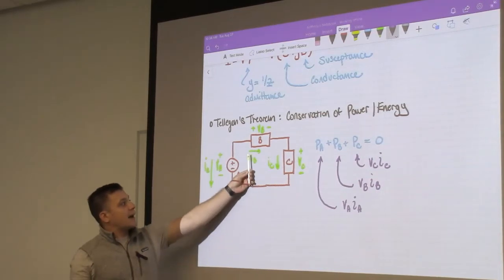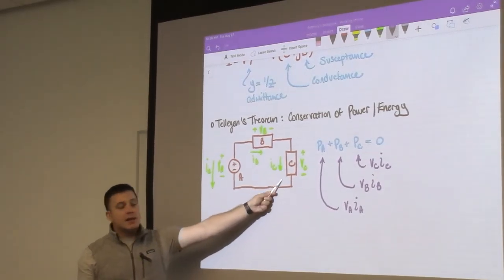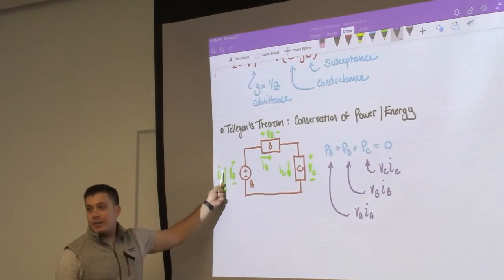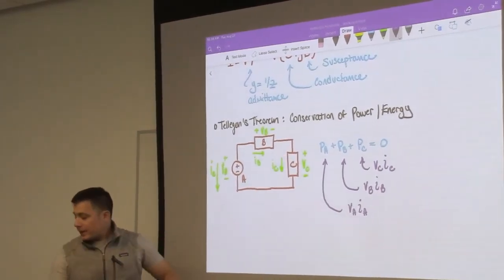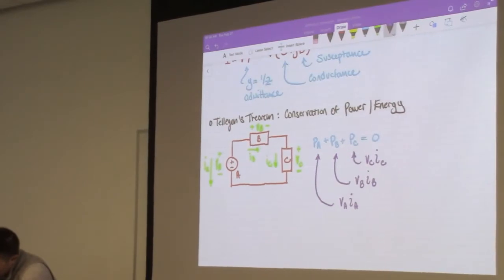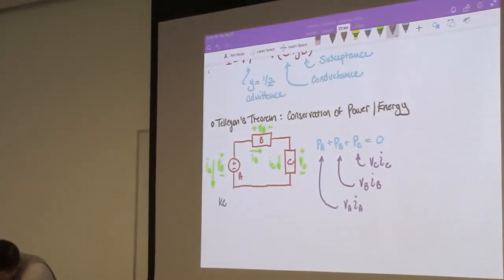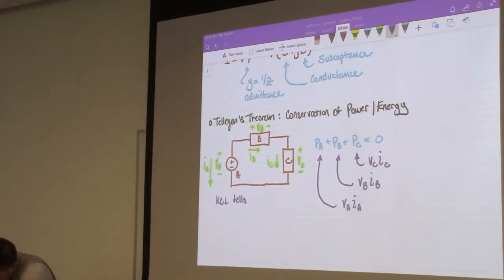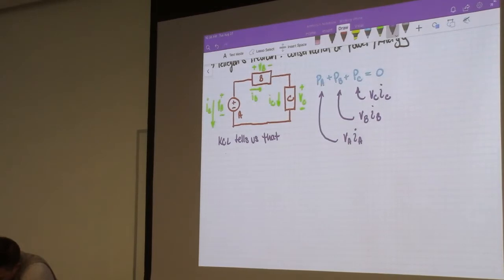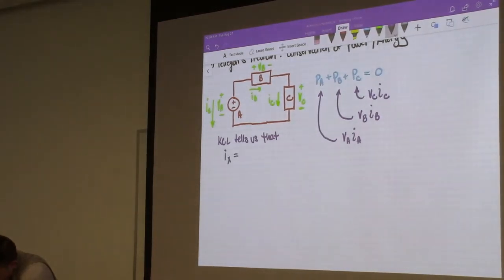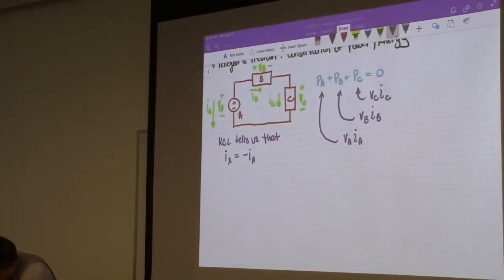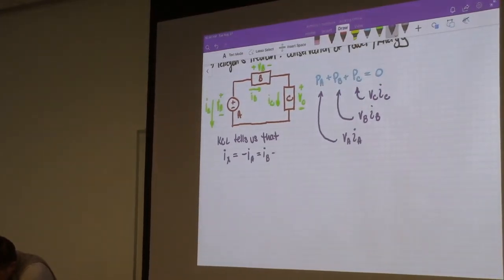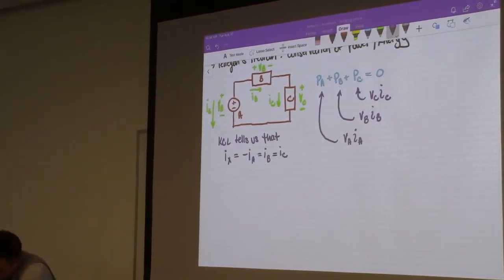What it says is that IB should be equal to IC, should be equal to the negative of IA, because you see IA is pointing in the other direction. So we can define a single current, and I'm going to call it Ix, is equal to negative IA is equal to IB is equal to IC. And so Ix would have a direction flowing like that.